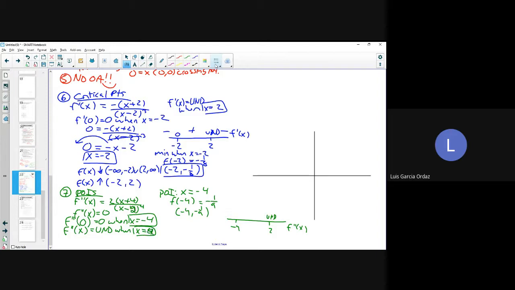When I sub in a value that is less than -4, I get concave down, and then I go concave up, and then I go back to concaving up, which means I'm increasing again after my minimum. So I concave up between -4 and 2, and 2 and infinity, and I concave down from -infinity to -4.